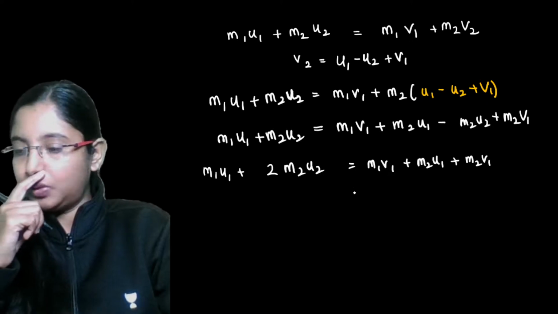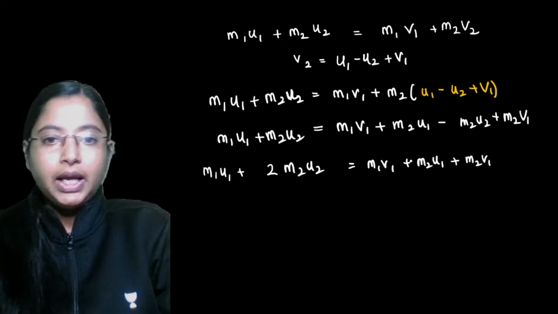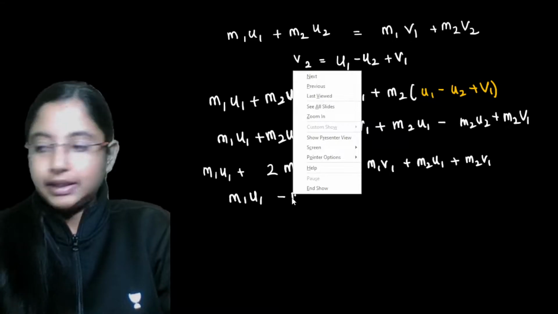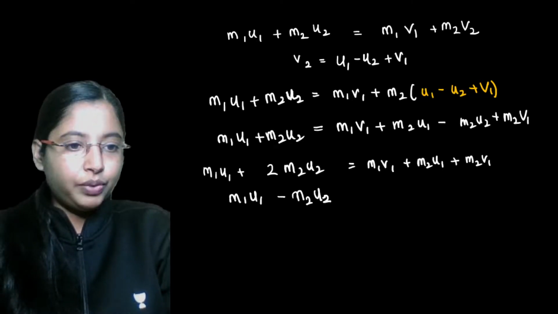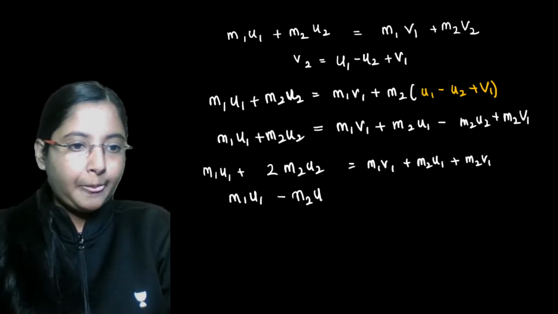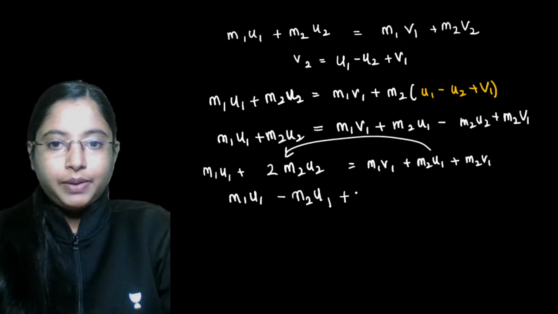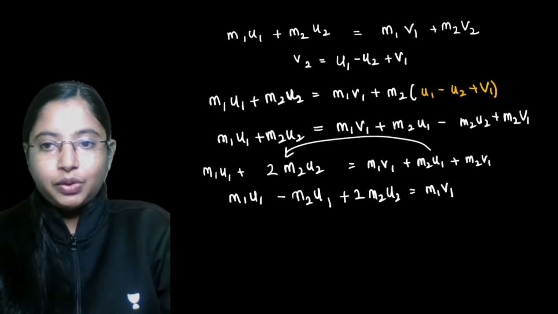So on this side, let's take u1 to the same side. Here we have m1 u1. Let's bring this to the other side. We have minus m2 u1 over here. This term we are bringing to the other side: m1 u1 minus m2 u1 plus 2 m2 u2, which is equal to m1 v1 plus m2 v1.